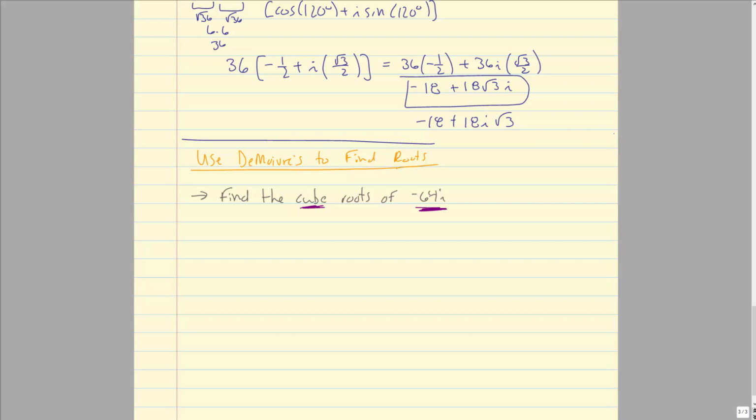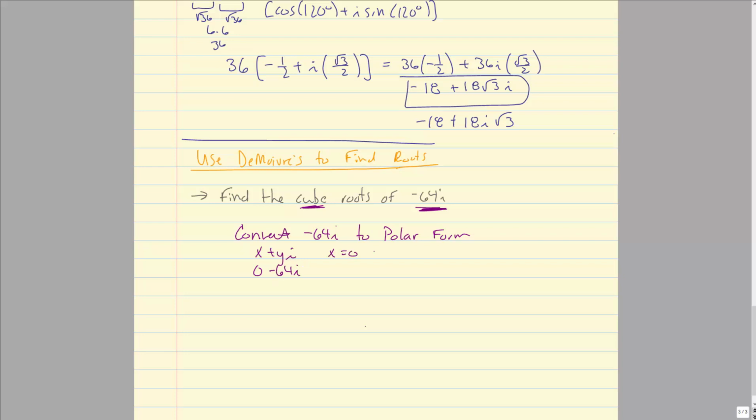To get started, what we want to do is convert negative 64i to polar form. Well, x plus yi would be 0 minus 64i.